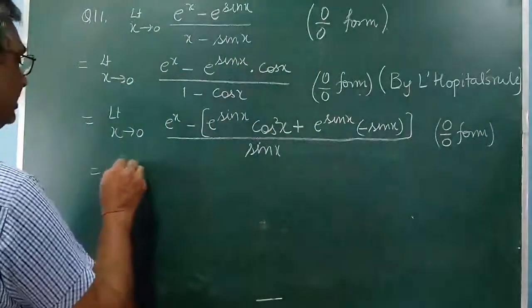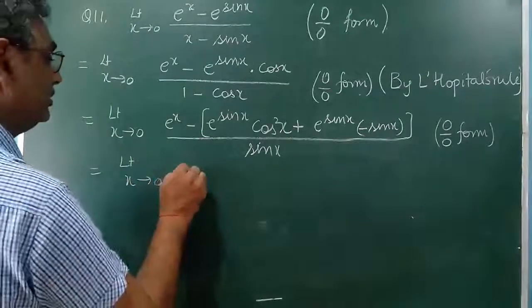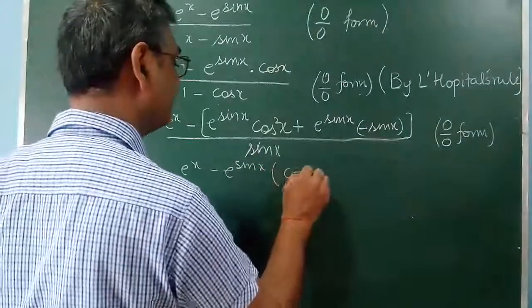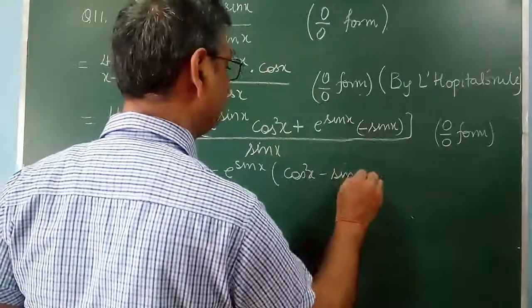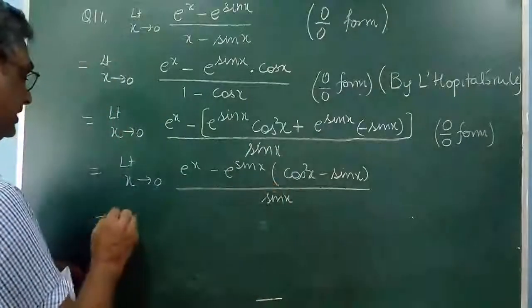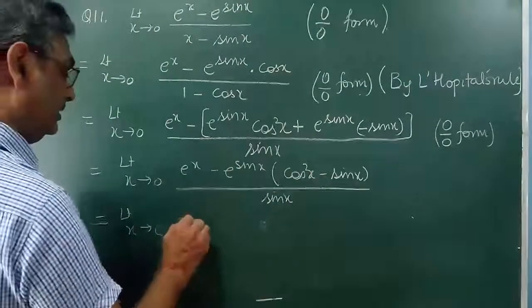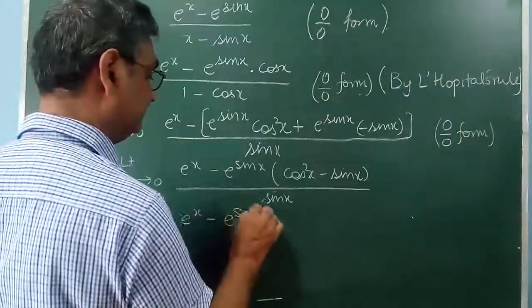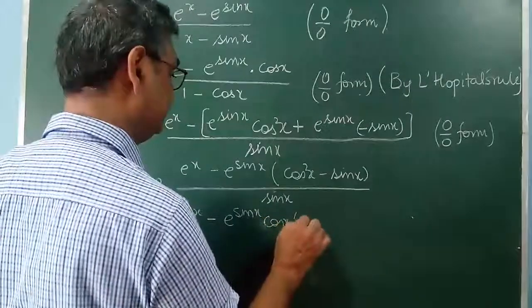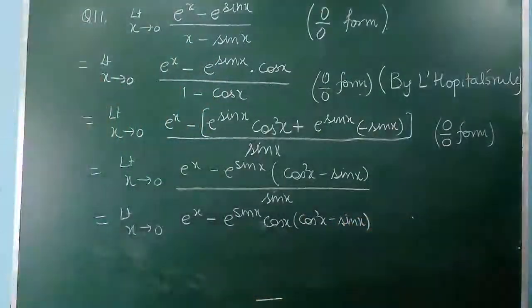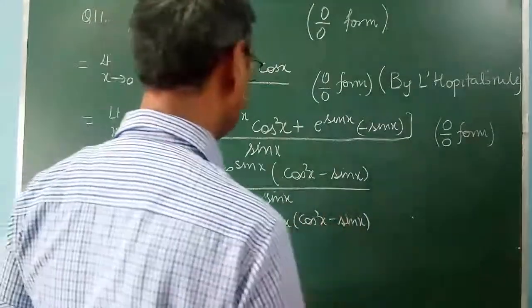So, here we can do one thing, limit x tending to 0, e to power x minus e to power sin x, I can take common here. Again we will differentiate it.